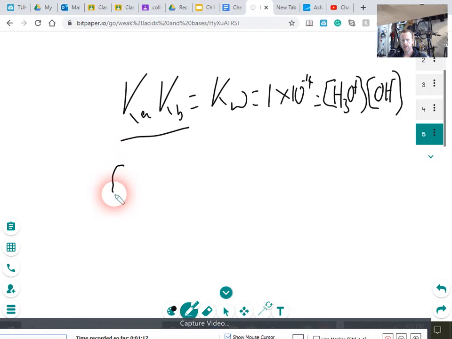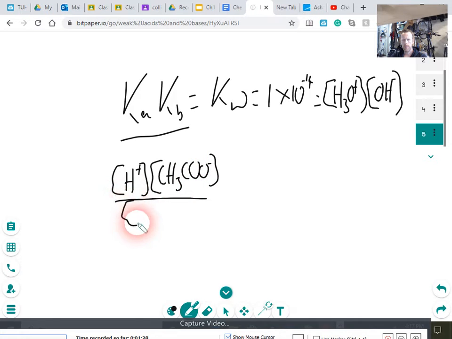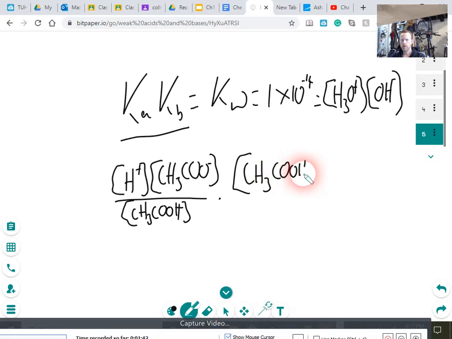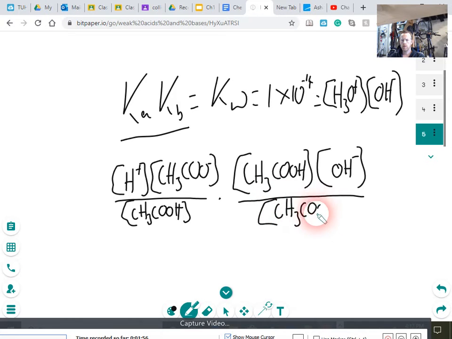So it's H positive, and then the acetate ion is the product, CH3COO minus, all over CH3COOH, multiplied by Kb: CH3COOH, and then the other product to that is OH minus, all over the CH3COO minus.